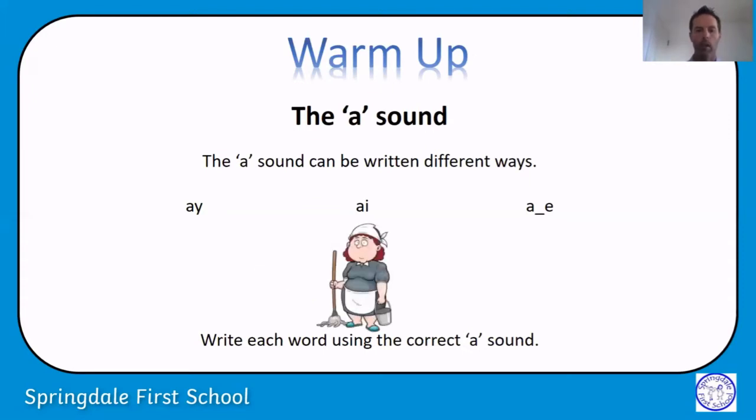Let's have a look. My next word is maid. Now be careful. This is a homophone. So we want the maid who does the cleaning. A maid had to clean up the mess. Maid. Well done. Let's see if you can write that for me.